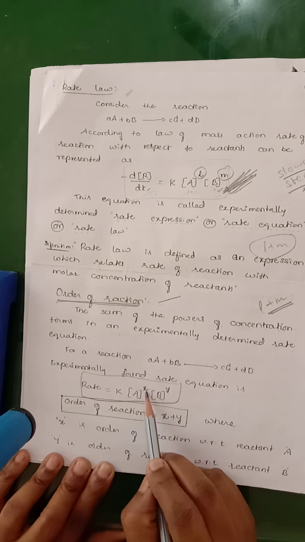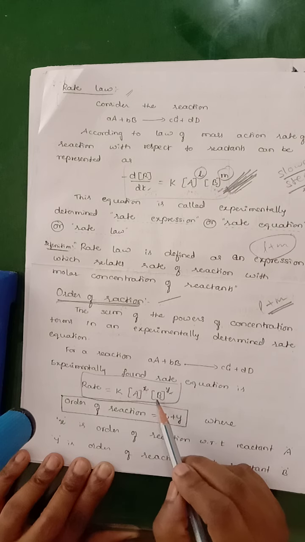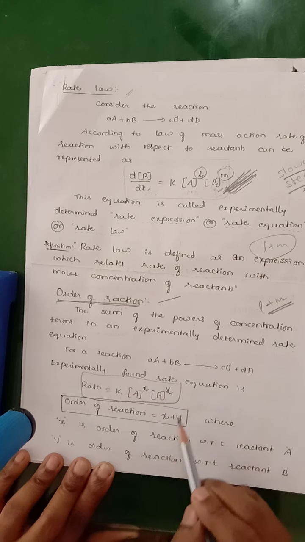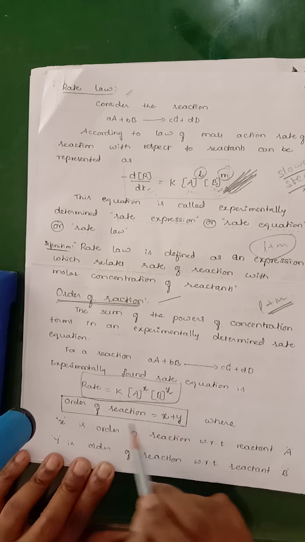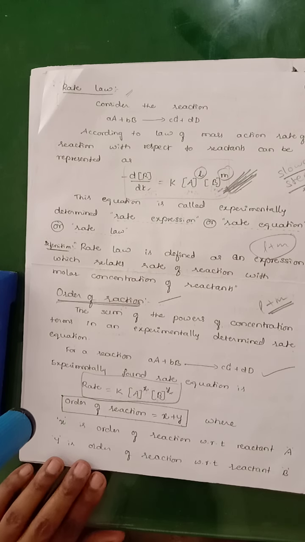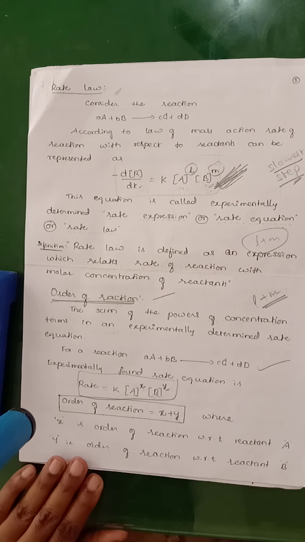So x is the power of the concentration of reactant A and y is the power of the concentration of reactant B. So we have to take the sum of these two, that is x plus y, as the order of this chemical reaction. So what is order of reaction? Order of a reaction can be defined as the sum of the powers of the concentration terms in the rate expression or rate equation.